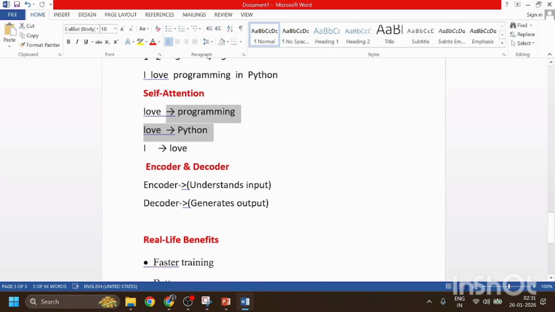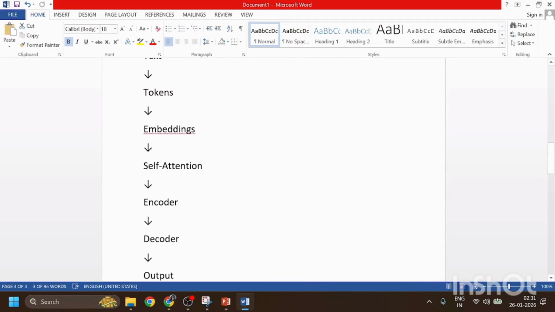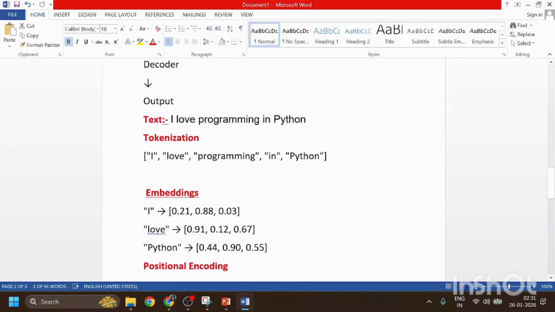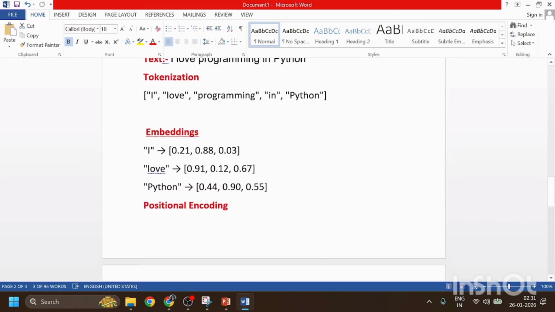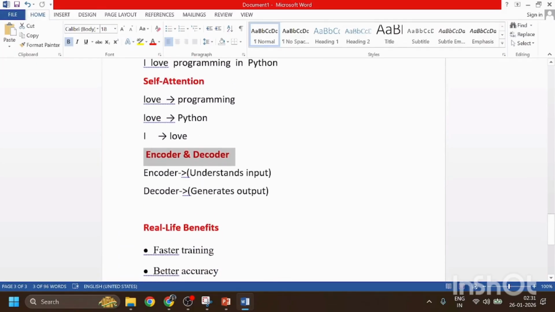Now we move to encoder and decoder. After self attention we move to the encoder and decoder. I already showed you the diagram, but I'm going to explain again. The encoder understands the input and the decoder generates the output. The encoder understands the sentence and the decoder generates the translation.